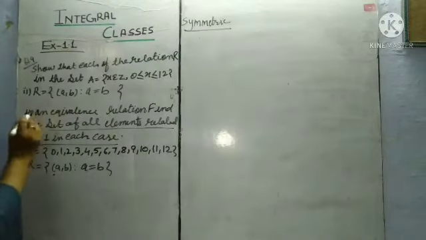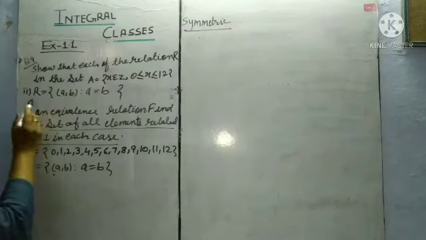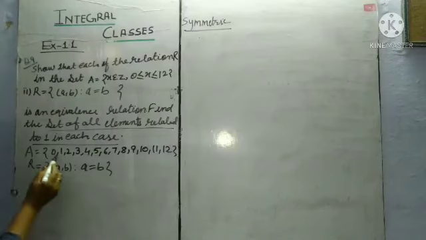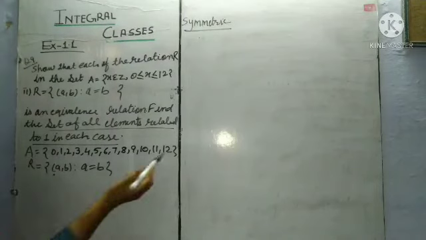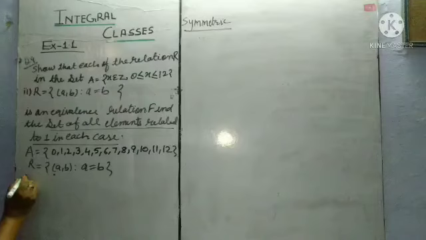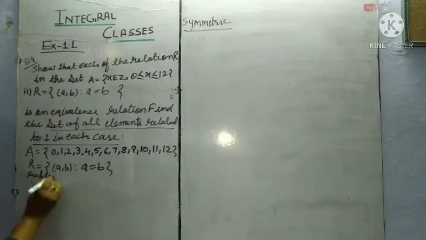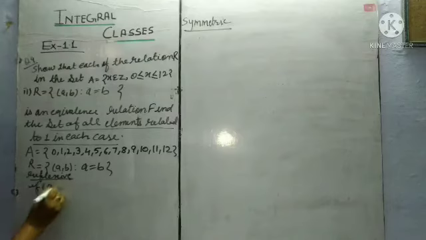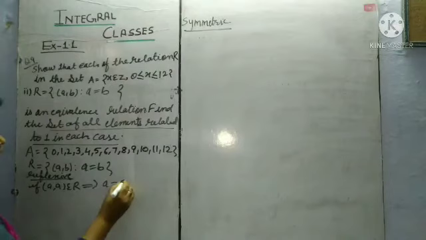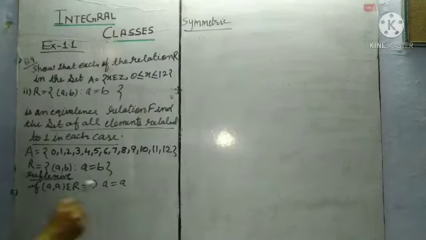In another part of this question we have given another relation R, (A, B) such that A equals B, and the set is also the same, 0, 1, 2, 3, 4, 5, 6 up to 12. Now first we will solve here reflexive. Now for reflexive, if (A, A) belongs to R, it implies that A equals A. So we know that every number is equal to itself.